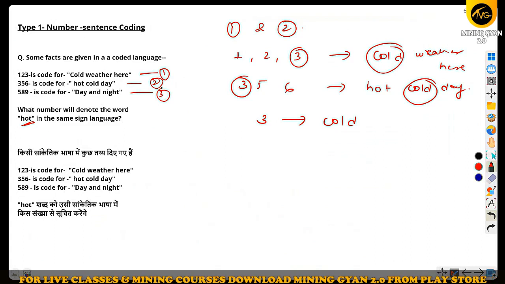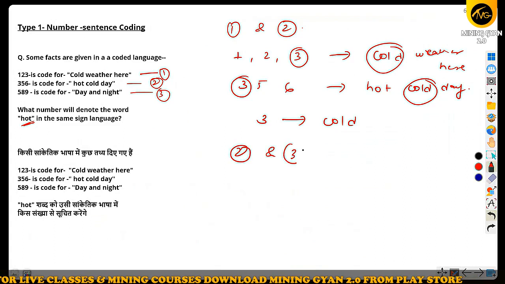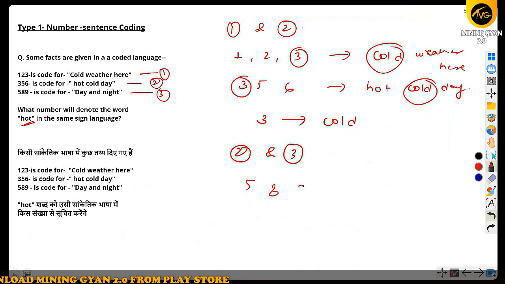Now by using equation number 2 and 3, the number present in both equations is 5. The 5 is present in equation number 2, which is hot cold day, 3, 5, 6, and equation number 3 is 5, 8, 9, the sentence day and night.